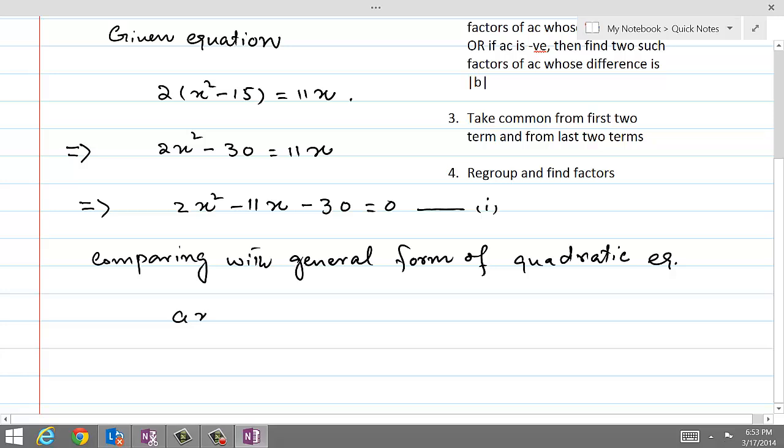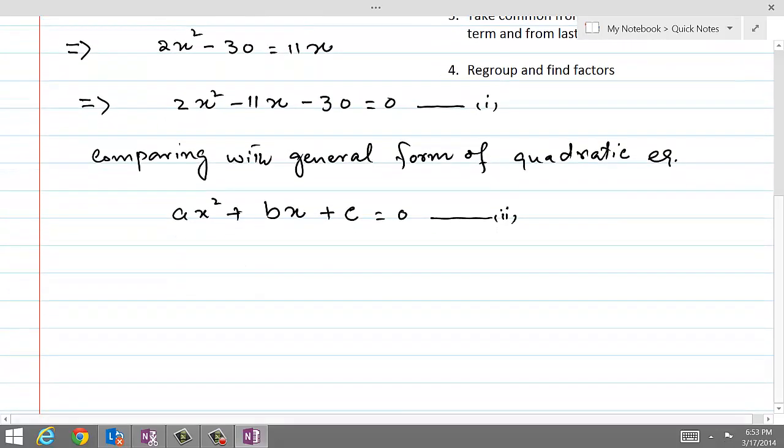That is ax square plus bx plus c equal to 0. If we compare both of these equations, we can easily find out the values for a, b and c. Comparing the coefficients of x square, we get a is equal to 2, b is equal to minus 11 and c is equal to minus 30. So that is the result of comparison.